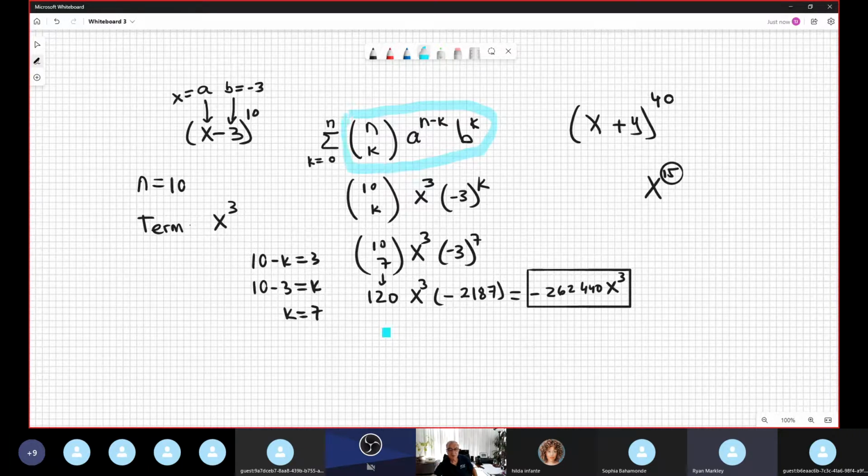You discover who A is, who B is. A is x, B is y, but the exponent I need is 15. Then you declare that this is 15, and you solve for k, and you determine the position, and the rest is super easy. Super easy. No problem, guys.